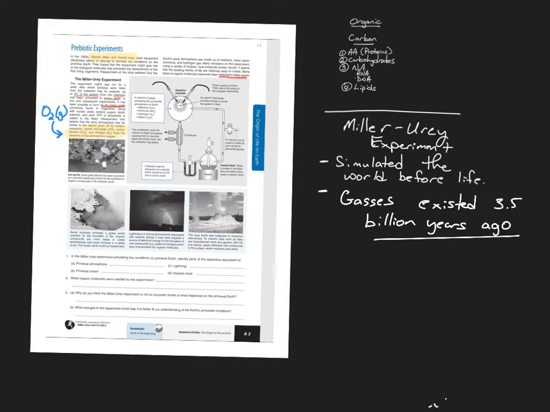Well, they made some assumptions, yes, some logical assumptions, right? So let's make sure we understand that. Their assumptions are based on evidence. So it's not just a crazy guess. It's a scientific guess, which means we base it on evidence.